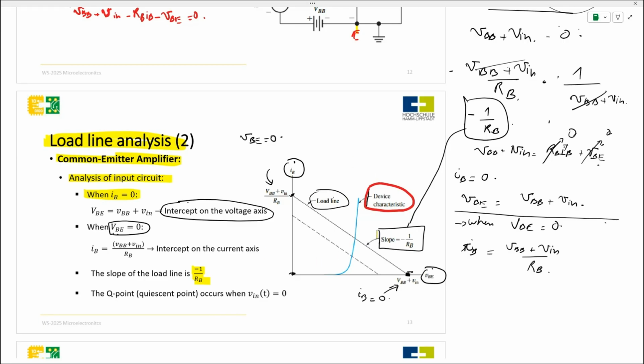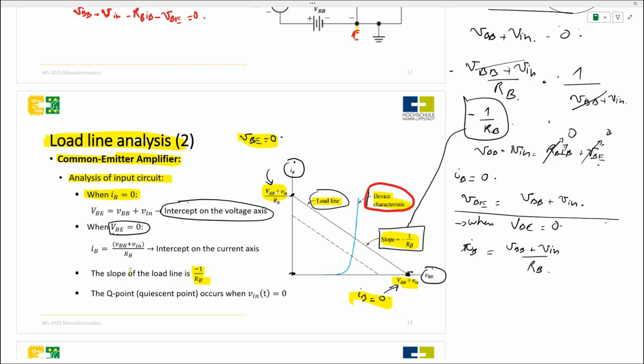You take when IB equals 0 and when VBE equals 0, and your slope. You choose your slope and you can sketch your load line, and the device characteristics are either given or known somehow.